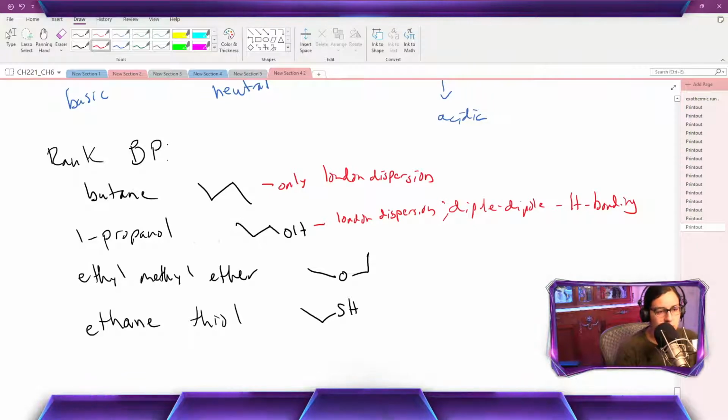So if I'm just basing it off of these bonds right now, this is the lowest. This is probably the highest. Then we got our ether. So our ether is still polar, kind of somewhere in the middle. And it's going to have dipole-dipole and of course also the London dispersion.